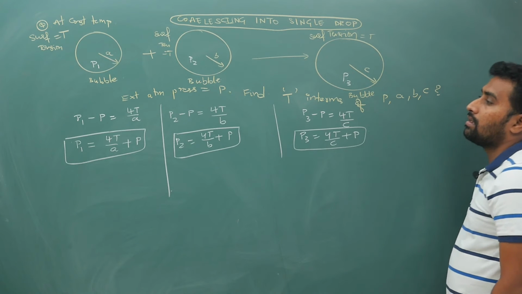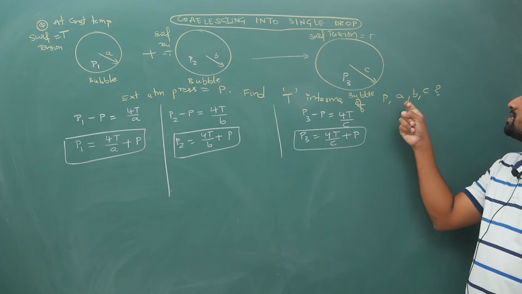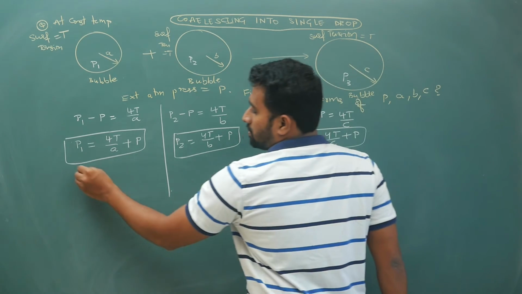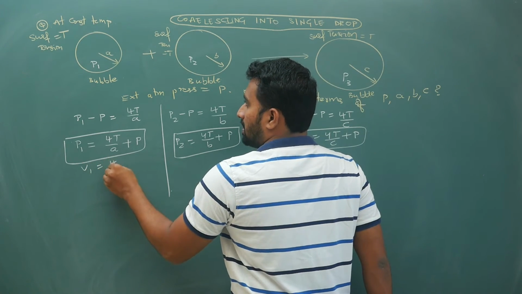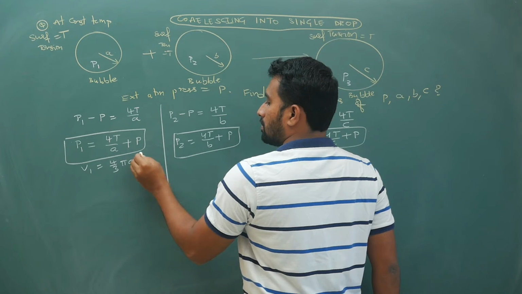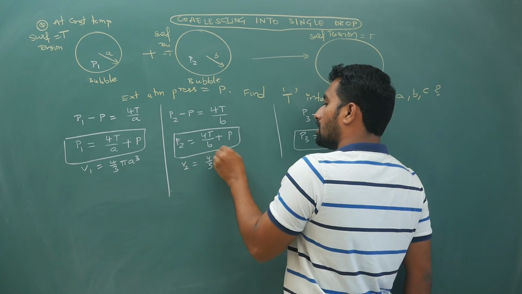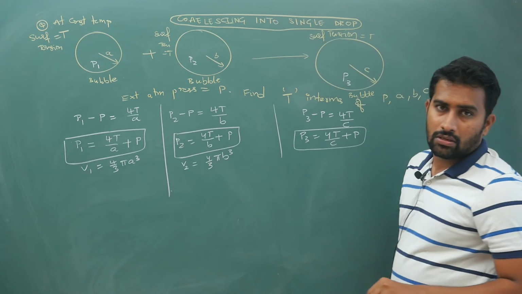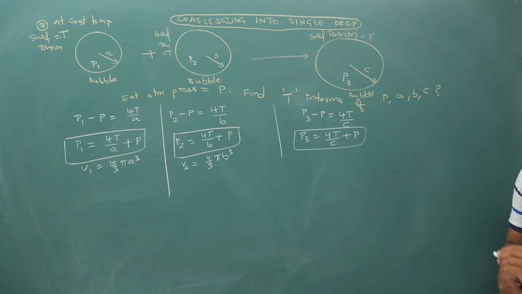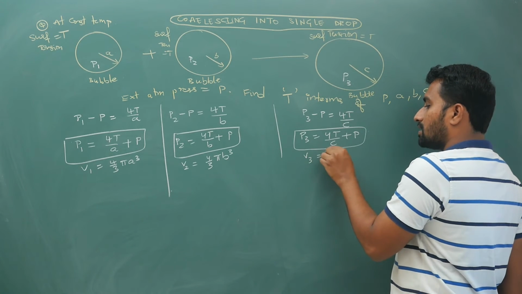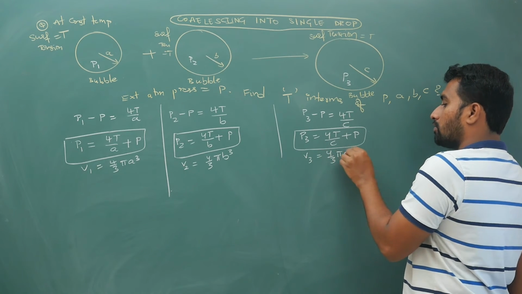I want T in terms of P, A, B, C. Next, what is your volume? 4 by 3 pi A cube. Volume of the second bubble is 4 by 3 pi B cube. Volume is 4 by 3 pi R cube for a sphere. And here volume V3 is 4 by 3 pi C cube.